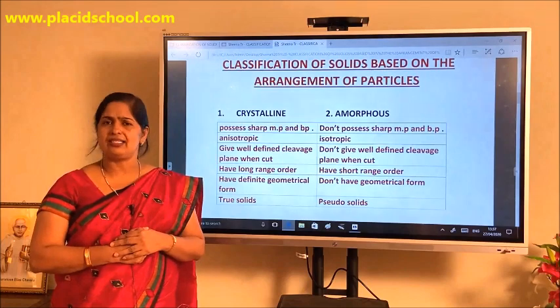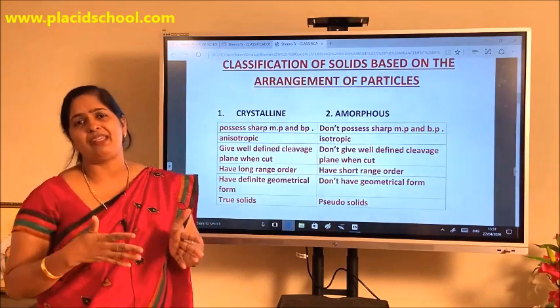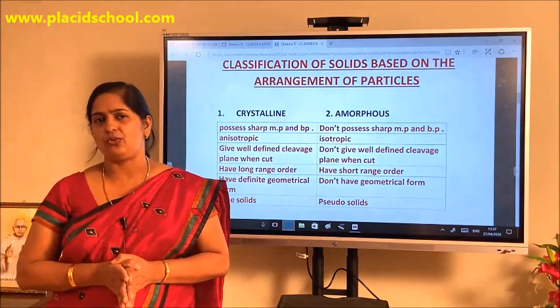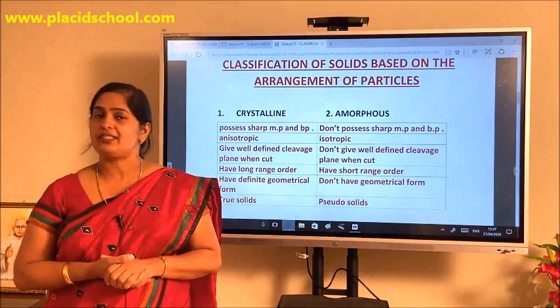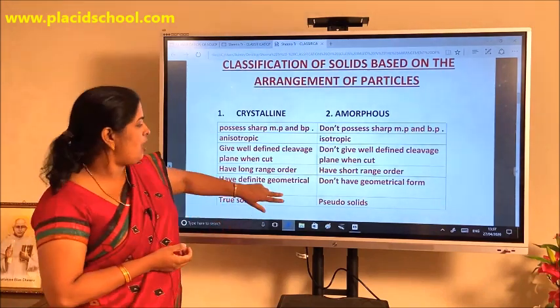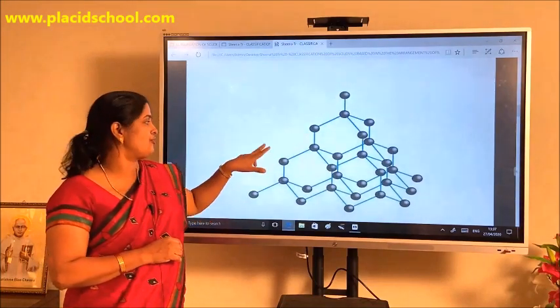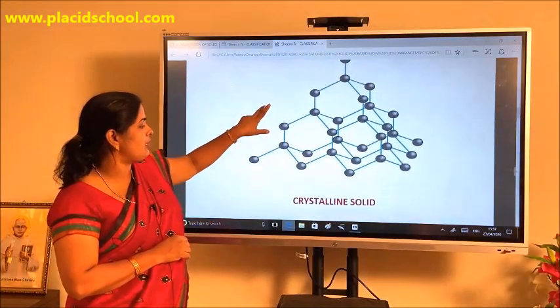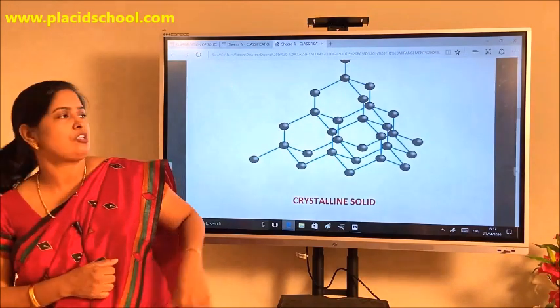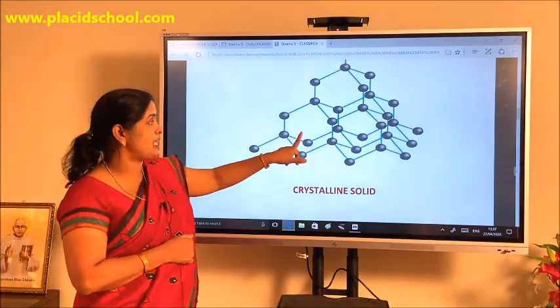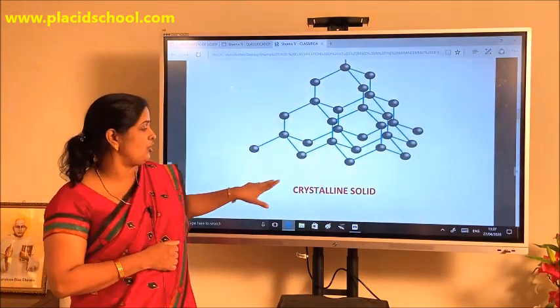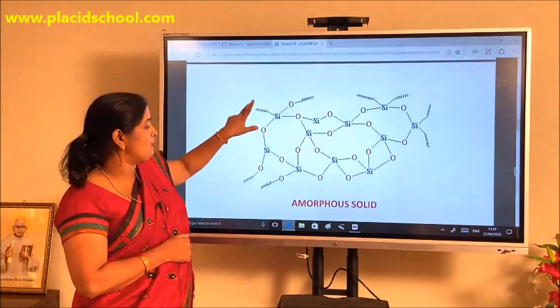Now, our study is getting streamlined to crystalline solids only in this chapter, the solid state. Now, the next topic, the same subtopic, classification of solids. This is an example for a crystalline solid I am showing you, and an example for an amorphous solid.